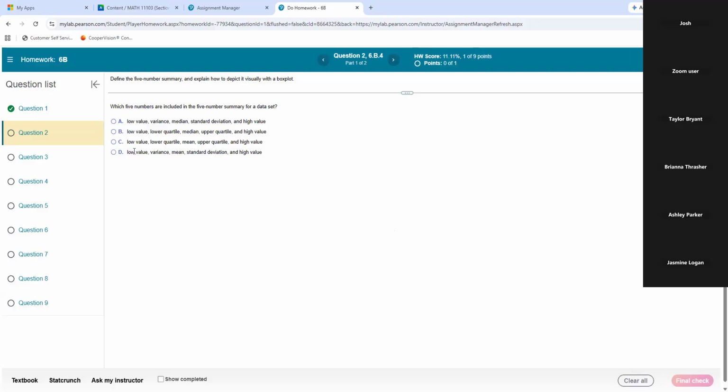All right, y'all. So A, B, C, or D, I gave y'all how we find the 5-number summary. So was it the low value, variance, median, standard deviation, high value? Was it the low value, lower quartile, median, upper quartile, high value?